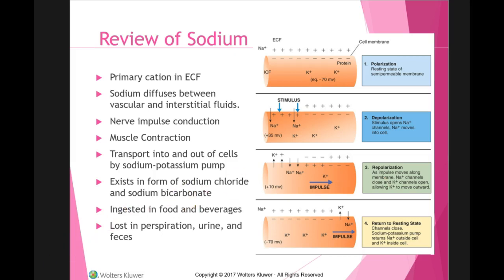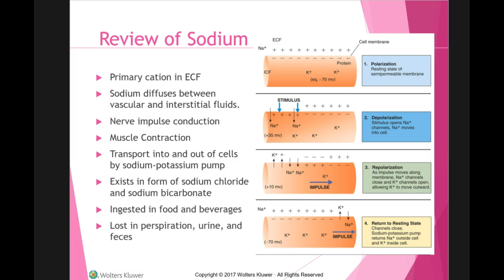And it's important to remember that these two electrolytes work inversely to each other. Sodium also exists in the body primarily in the form of the salts sodium chloride and sodium bicarbonate.